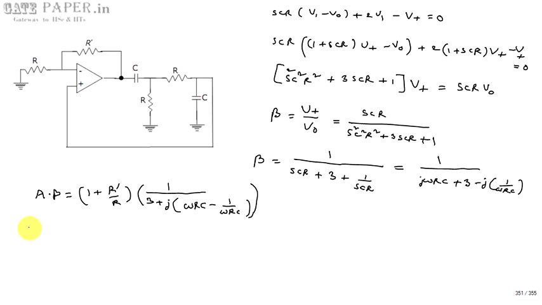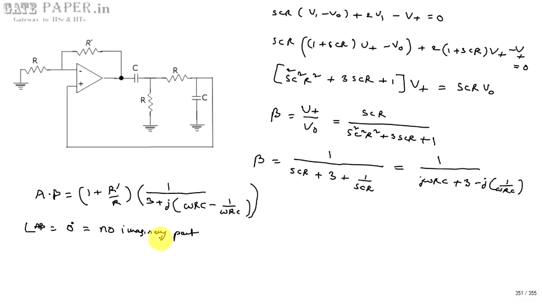According to Barkhausen's phase criterion, A beta must give a phase shift of 0 degrees or 360 degrees. A phase shift of 0 degrees simply means there is no imaginary part. If an imaginary part exists, then only it will give a phase shift.